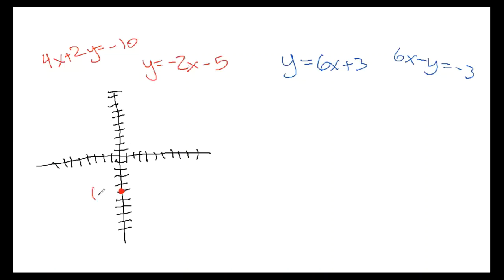So our y-intercept is 0, -5, and our slope is -2 over 1. So go down 2 over 1, and then we can draw a line.